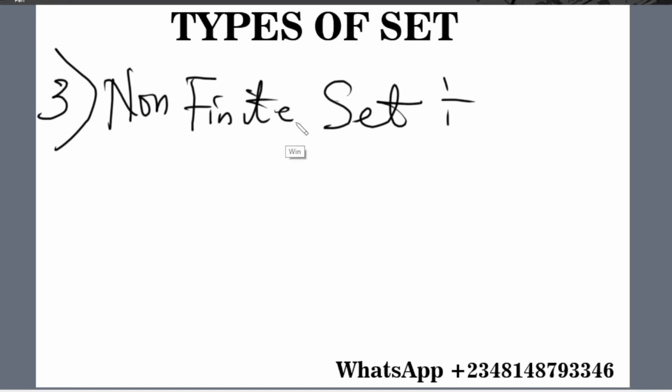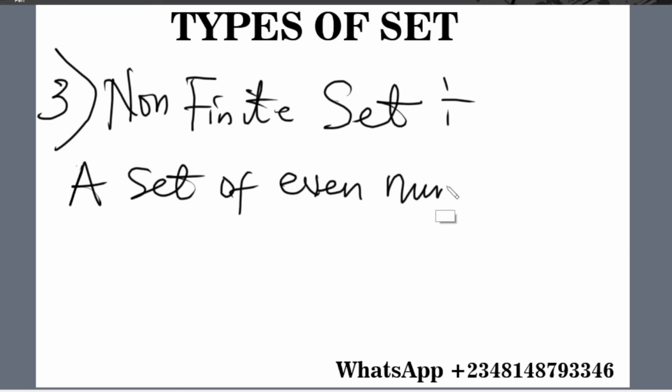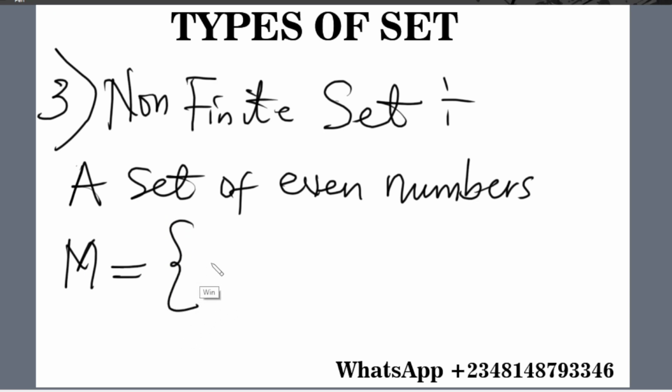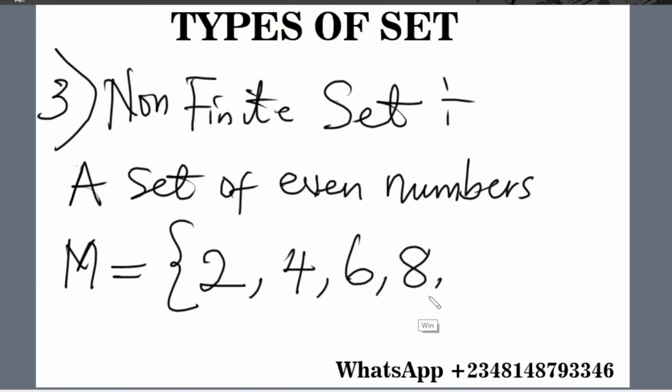inside the curly bracket. Example, a set of even numbers. Now, what are the even numbers here? M equals, you open your bracket, 2 is an even number, comma, 4 is an even number, 6 is an even number, 8 is an even number, 10 is an even number.